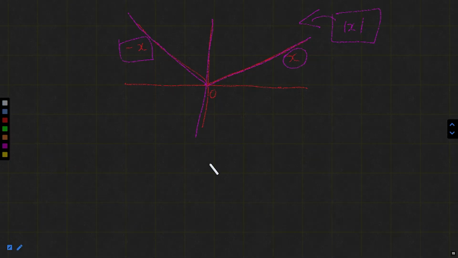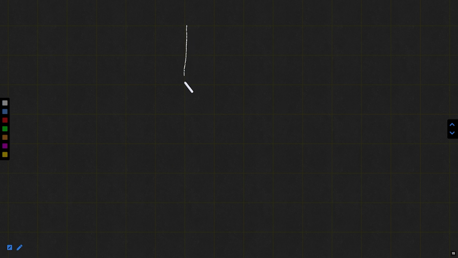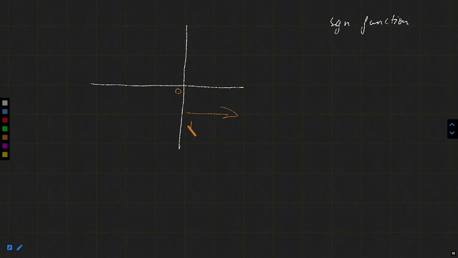So let's look at the diagram for this signum function. When x is positive, so this is my 0, this is my positive x-axis, yes, x.